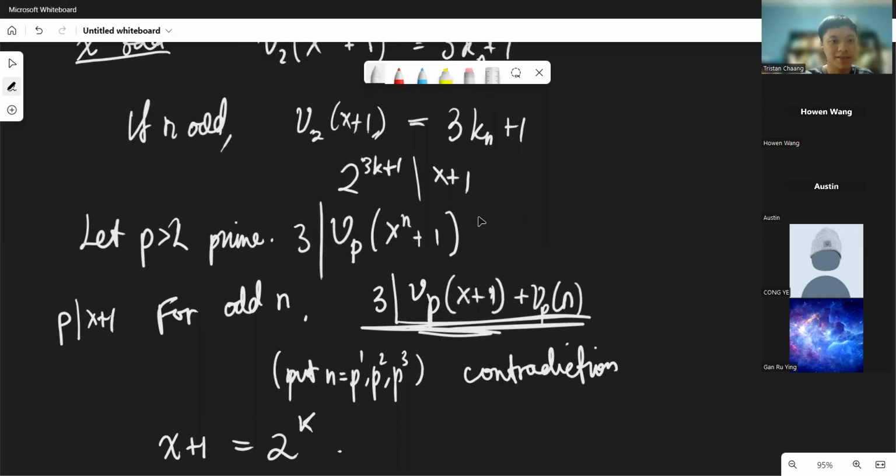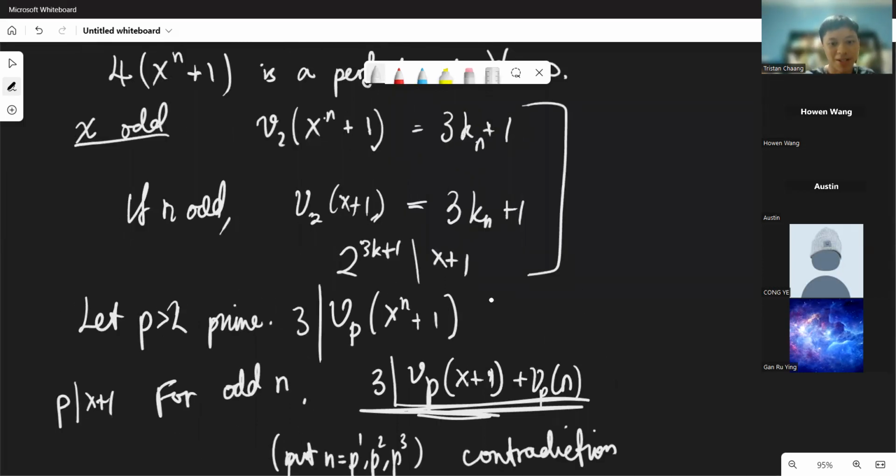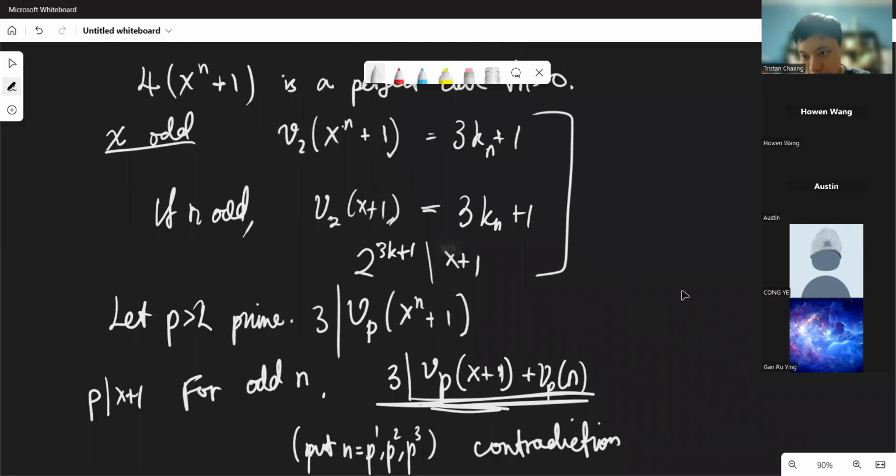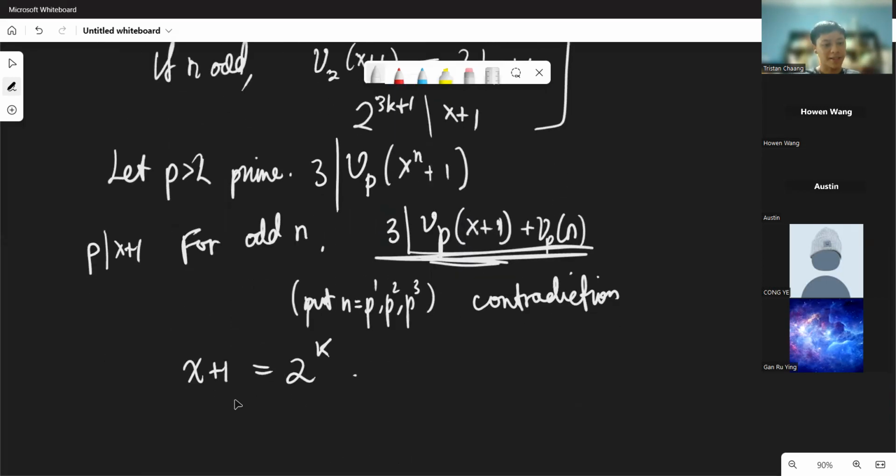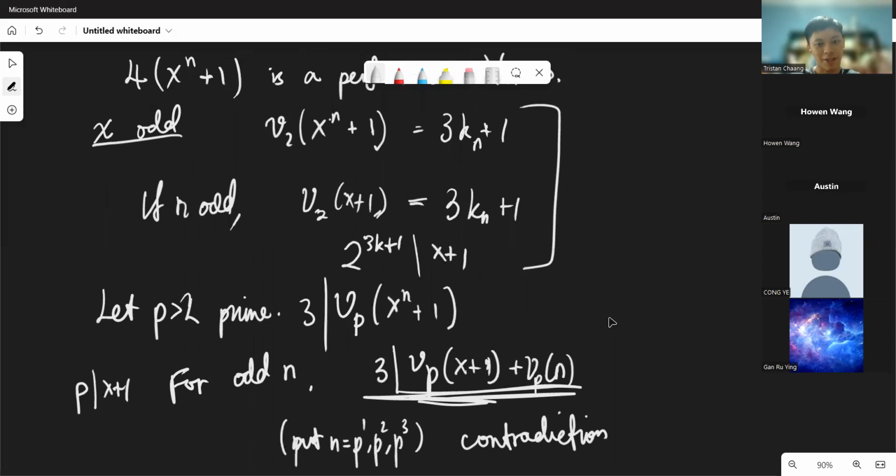But now this analysis doesn't really help much anymore because x plus 1 is. But we already looked at v2. Okay, sorry, that was an old message. We looked at v2 just now, and our result was x plus 1 is a multiple of this power of 2, and k is not even determined, so it doesn't really tell us much. And our subsequent study found out that x plus 1 is a power of 2. Okay. That means this analysis is not really useful anyway. It's quite useless.